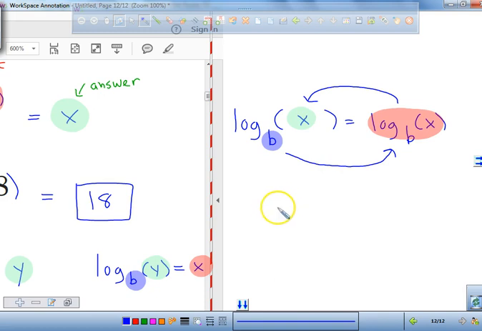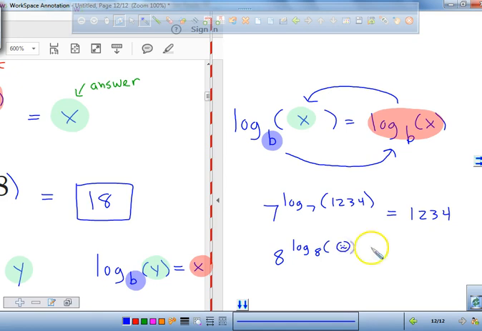So here's some examples right now. If I wrote down 7 log base 7 and I said 1, 2, 3, 4, that would equal 1, 2, 3, 4. If I said 8 log of 8 and I said of confused face, that would equal confused face. Alright?